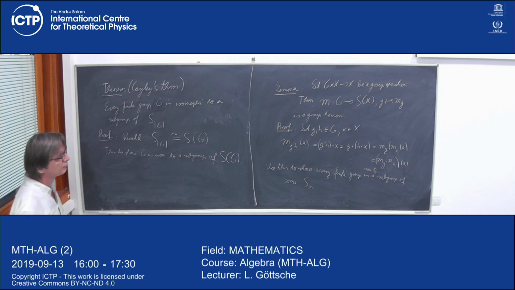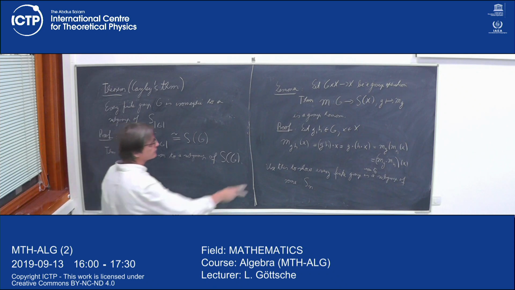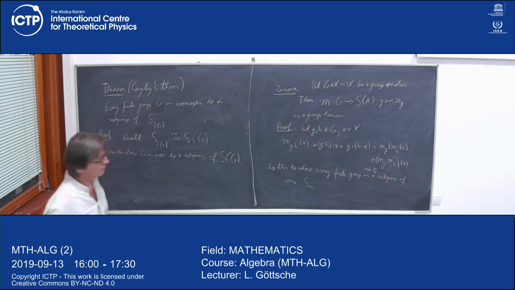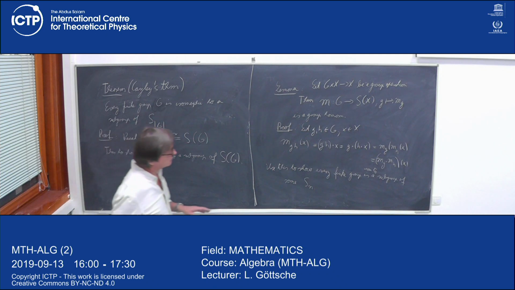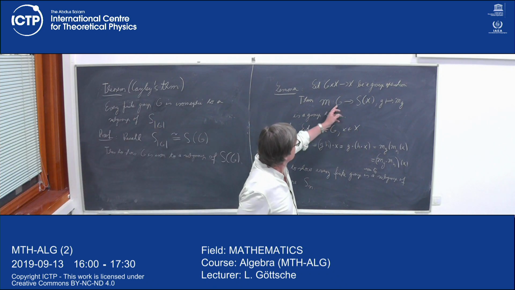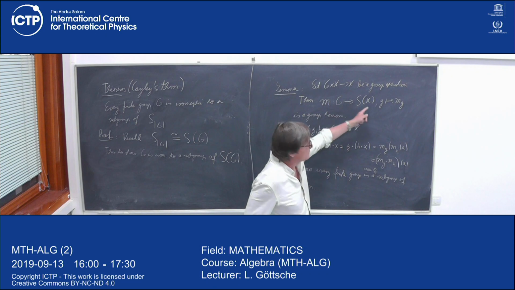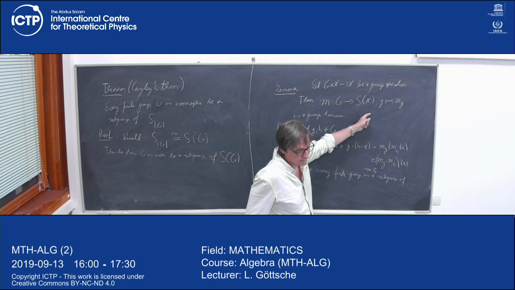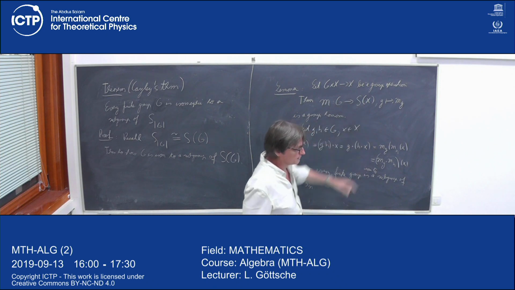So now we will want to use this lemma, which says that if you have an action on something, this gives you a map to the symmetric group. For a special action of G on itself, this will give me a homomorphism from G to S(G), and we have to do it in such a way that it's injective.